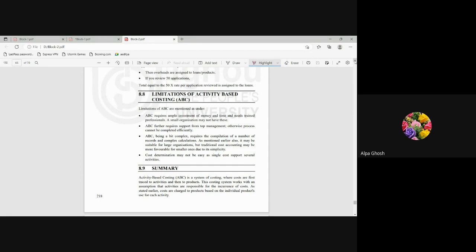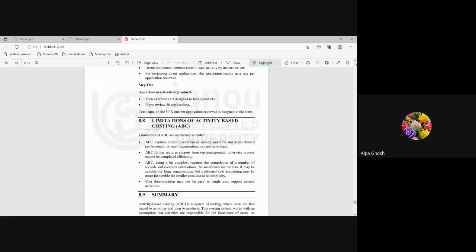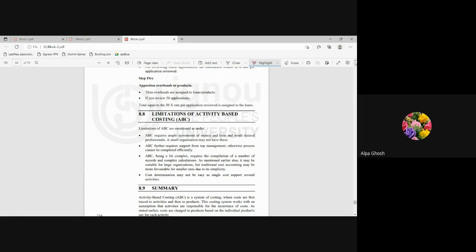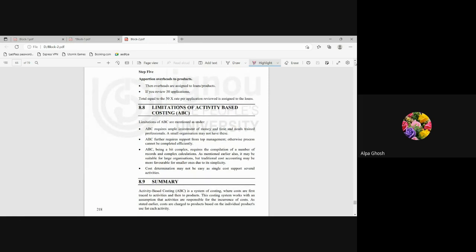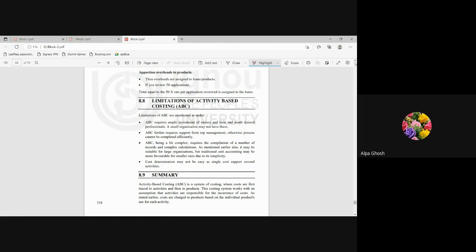ABC being a bit complex, we do understand that it requires the compilation of a number of records and complex calculations. It is mentioned earlier also that it is only suitable for large organizations, and it is some old or traditional cost accounting method. It cannot be favorable because it lacks simplicity.